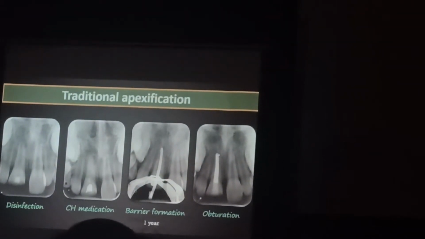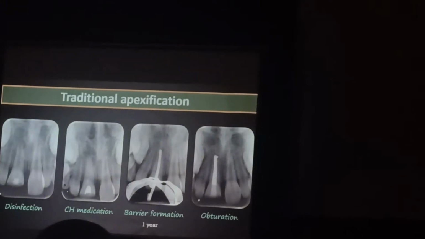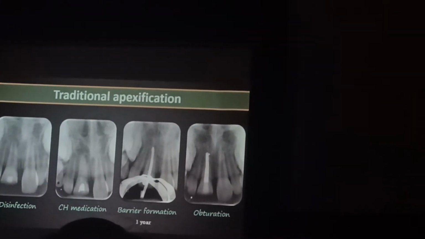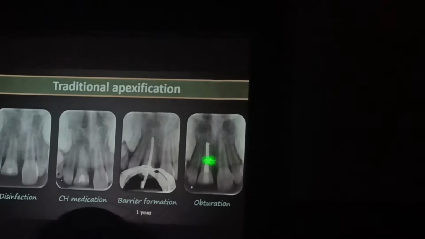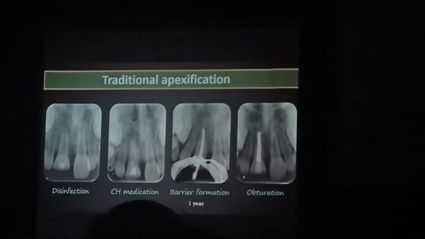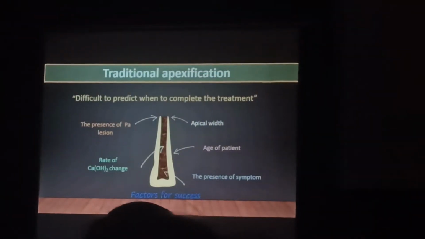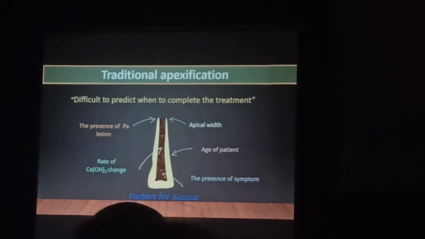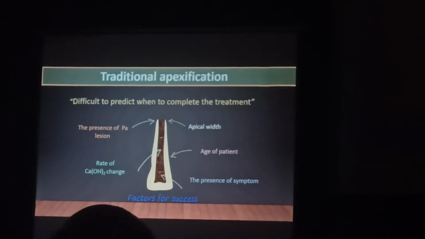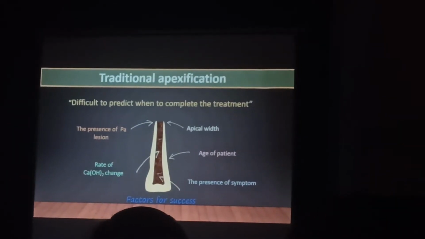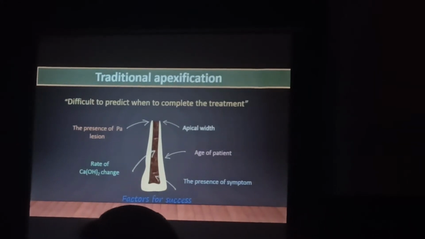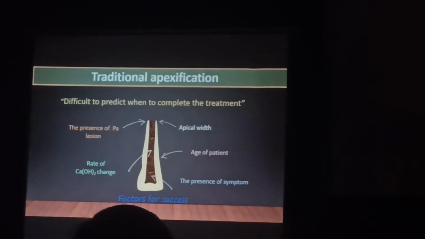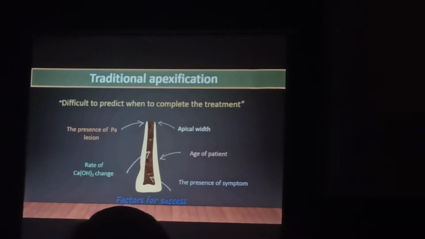In this case, we waited about a year to get the barrier formation, and then it was ready for obturation and finishing the canal treatment. However, it is very difficult to predict when to finish the treatment, so it is very difficult to tell the patients when we are going to finish.